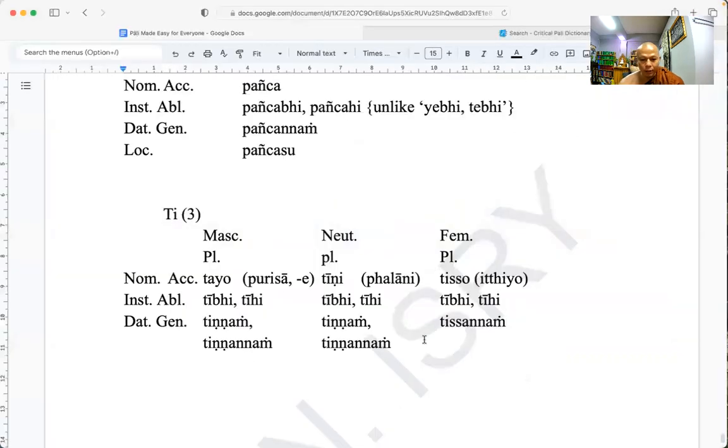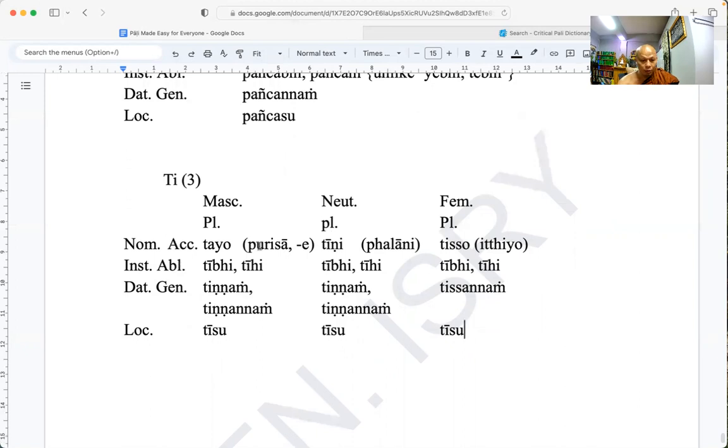And then now locative case. Locative case also the same. The suit. Neuter also the suit. And then feminine also the suit. Okay, so now only here.